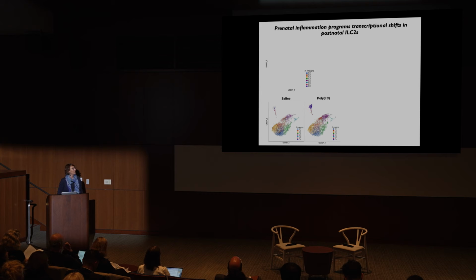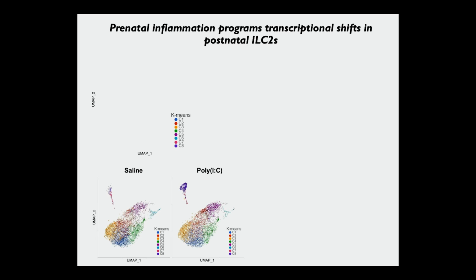performed single-cell sequencing on these postnatal ILC2s because we wanted to understand at a molecular level what is driving, again, this hyperactivated phenotype. And you're missing the top one, which is basically a summary of these two bottom ones. So we had 8 nice clusters. This is only ILC2s. So you can see that there's heterogeneity even within this ILC2 subset.